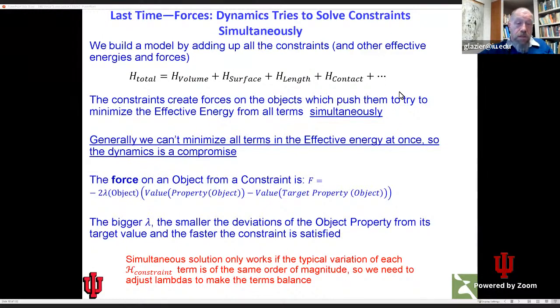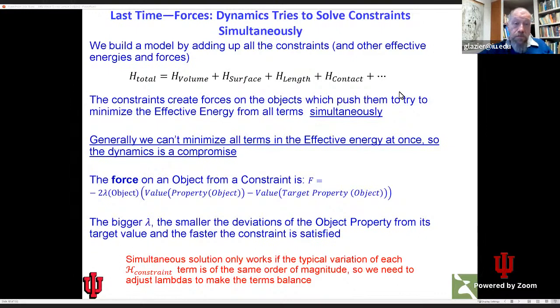And that compromise is going to be governed by the strength of those constraints. If I make the constraint amplitude lambda for volume very strong, then when I run the simulation, the actual volume will be close to its target, but the other factors may be very far from their targets. If I make the lambda for surface very large, then the surface area will be close to its target, but the other things may be far away.